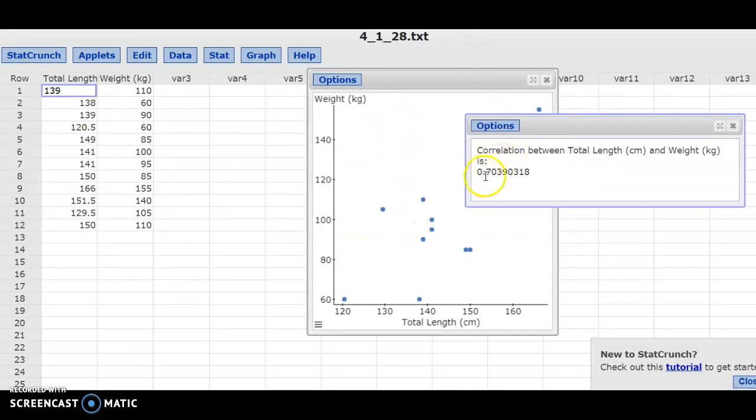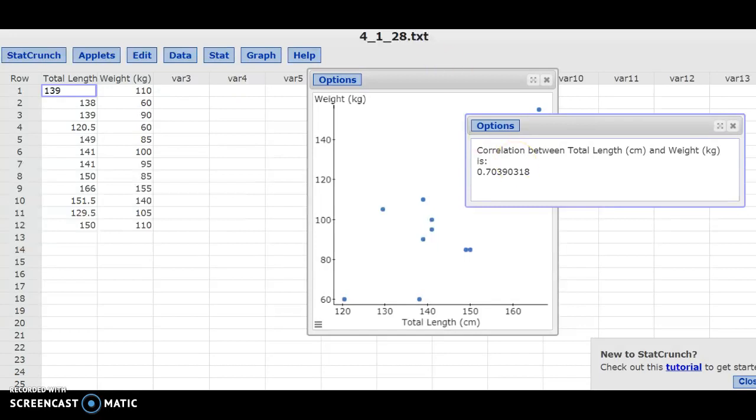So the concept is the more data I have, the more acceptable it would be to just look at the picture and determine if a relationship exists. But the fewer data points, the stronger I want my R value to be, the closer to 1 or -1. Or we could say the closer the absolute value is to 1.